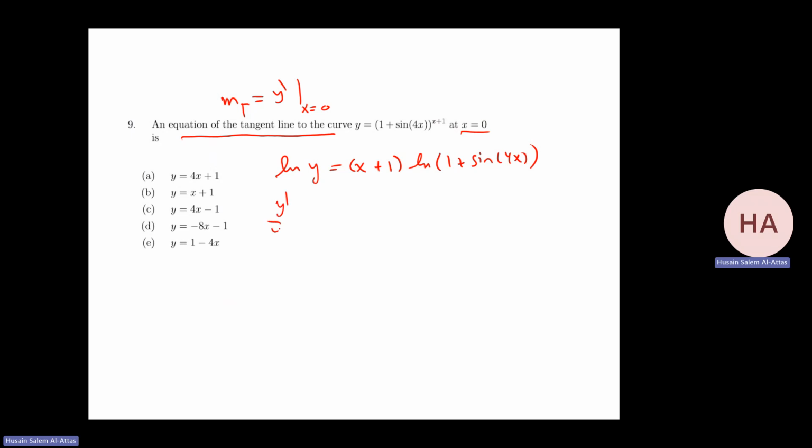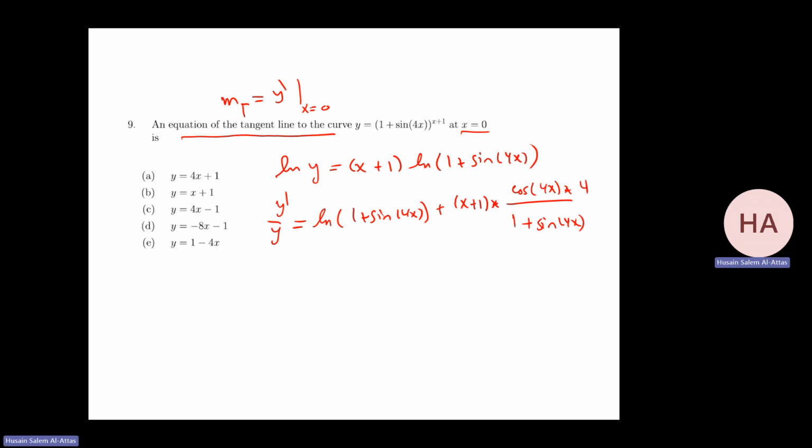I have y prime over y, this is 1, here I have product rule, plus (x plus 1) times the derivative: this is 1 plus sine 4x, and this one will be cosine 4x times 4.